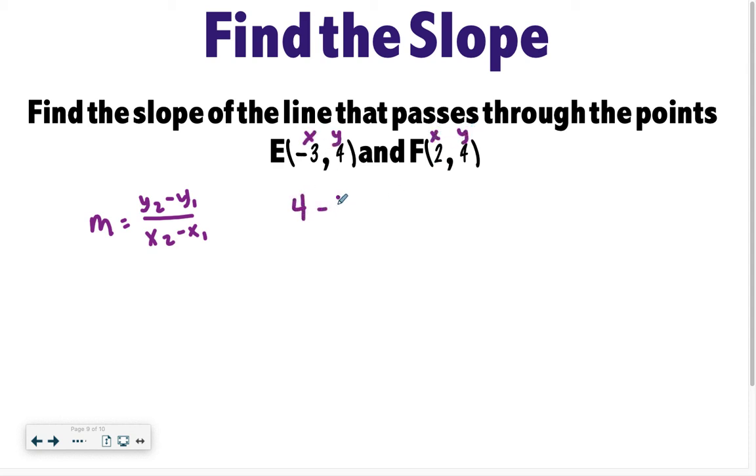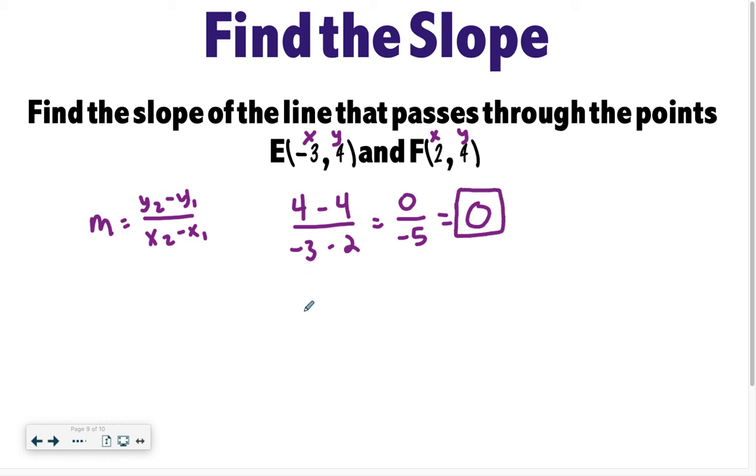So 4 minus 4 over, and I started with this 4, we'll say, the -3 minus 2. So 4 minus 4 is 0 over -3 minus 2 is -5. And then if you plug that into your calculator and you say 0 divided by really any number, you should end up at 0. Okay?